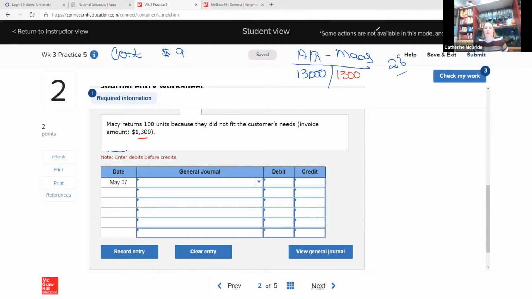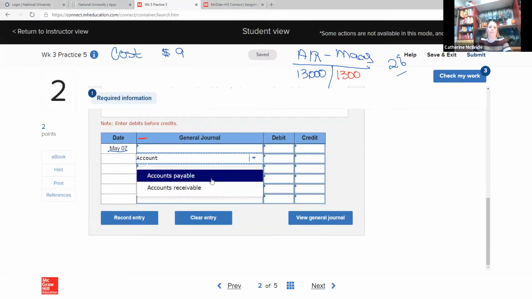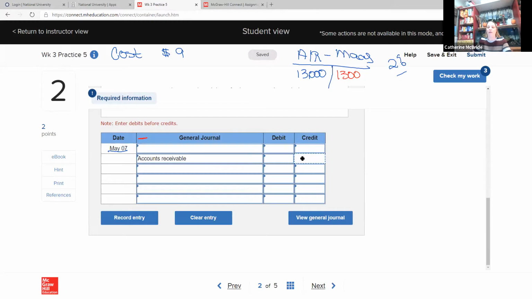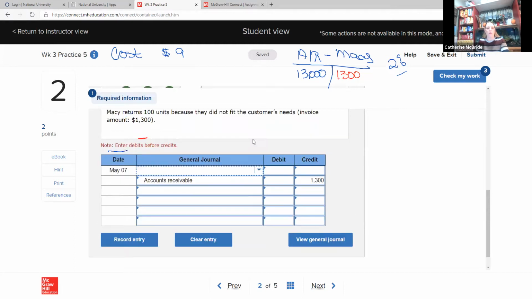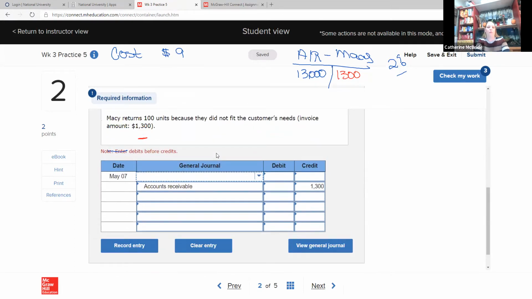So what we're going to do is reduce the account receivable. And now we have a new account. Sales returns and allowances.